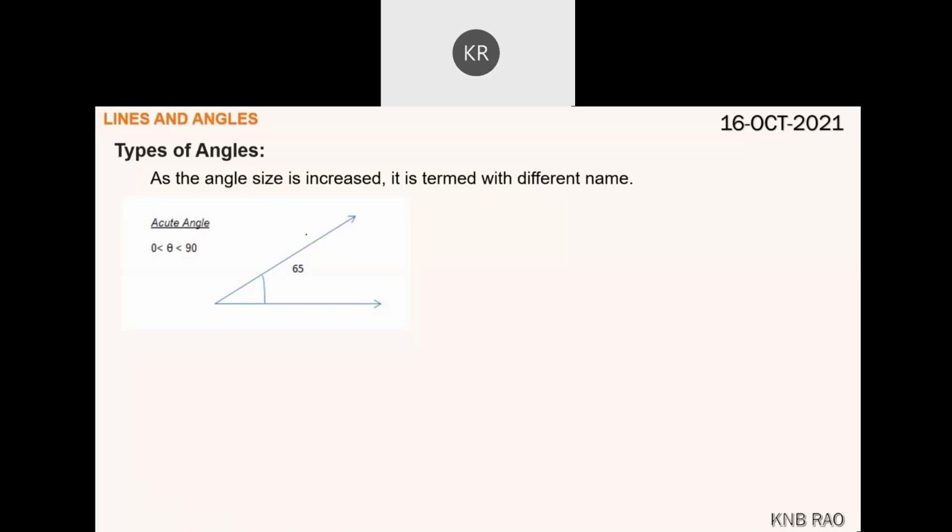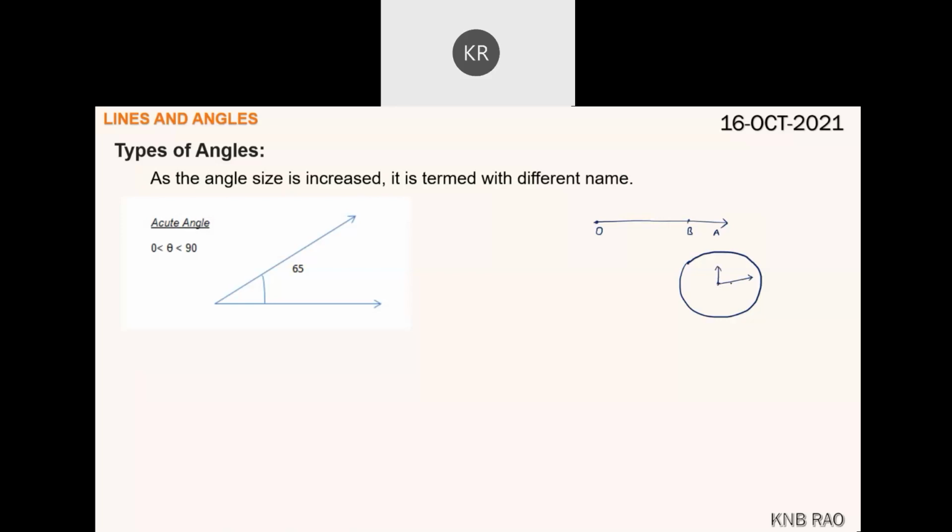Remember children, if there is an angle of just 0 degrees, there is one ray called OA and another ray falling on that only, without rotation. Like you have seen in a clock. In a clock we have 360. We have the small hand, the bigger hand, and the seconds hand.